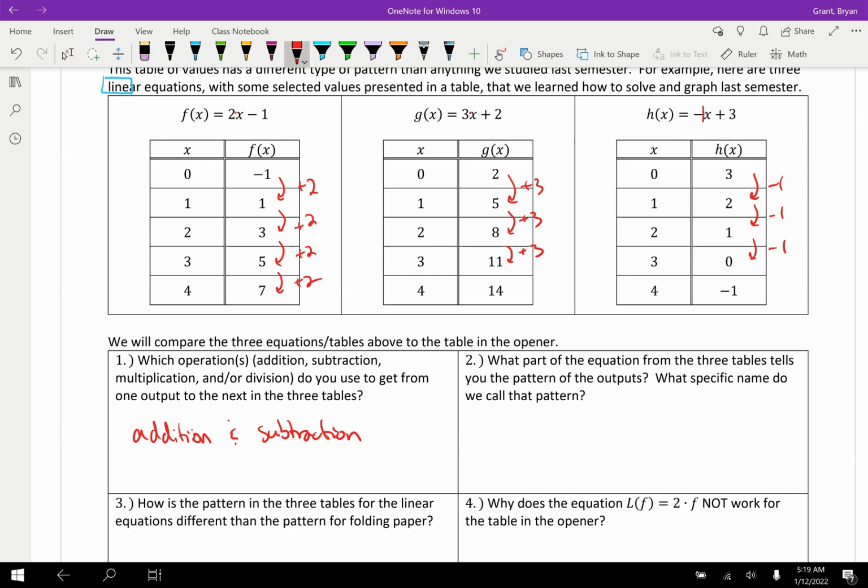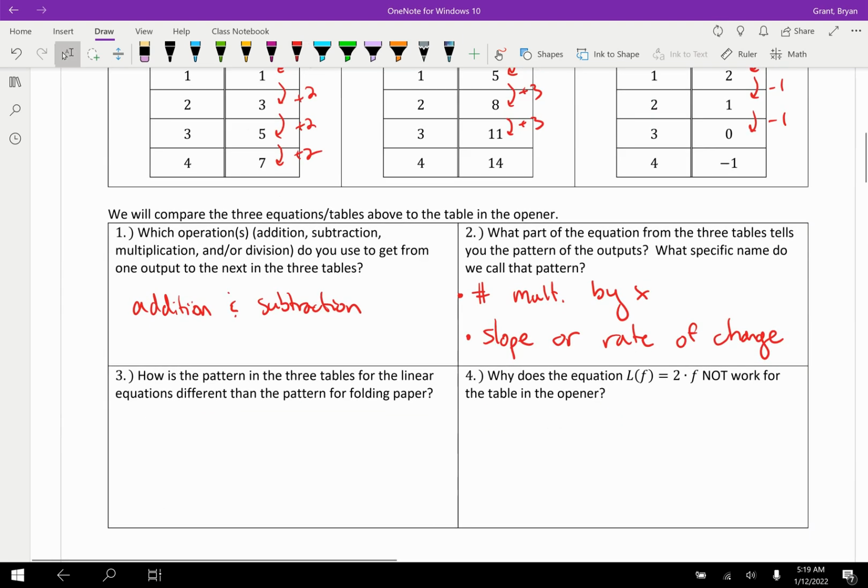So the part of the equation that tells us the pattern is the number that multiplies by x. And we call that pattern the slope, or the fancy name for slope is the rate of change. And this all should be reviewed.